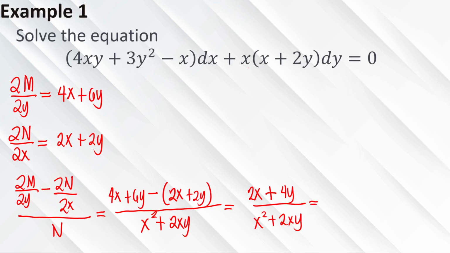Pag nag-factor out tayo ng 2, meron tayong x plus 2y dito. And then, pag nag-factor out tayo ng x sa original na itsura ng N natin, is x times x plus 2y. So, obviously, makakancel itong x plus 2y. And we have 2 all over x, which is what? A function of x alone.